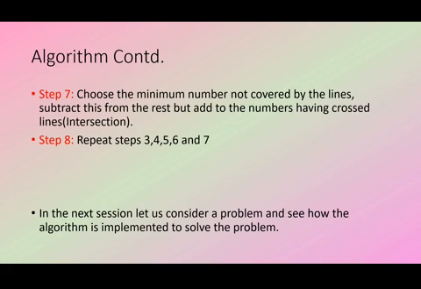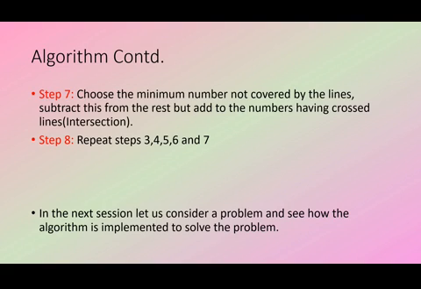Wherever the lines are crossed, to whatever number you have at that intersection, we will add the smallest number that we have identified. So that gives rise to a new cost matrix. Altogether, I have got a new cost matrix now.